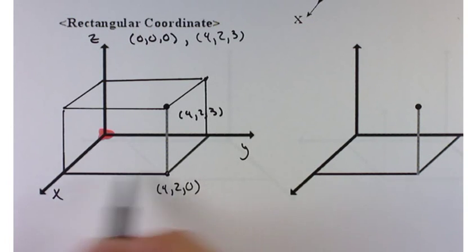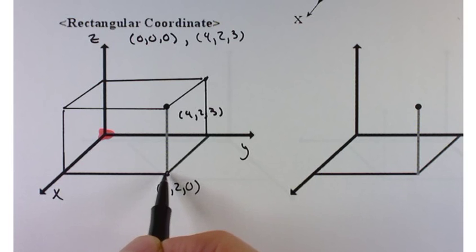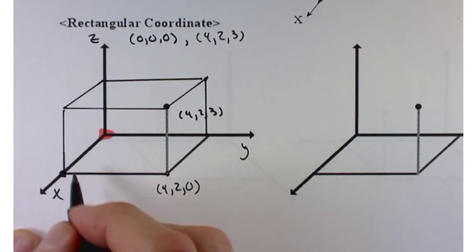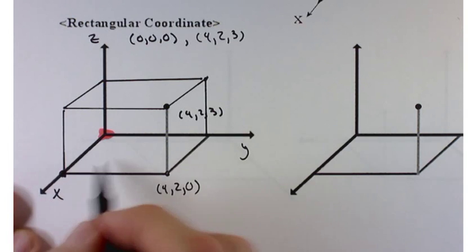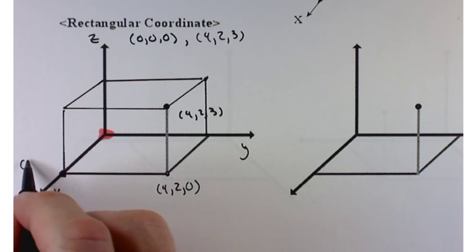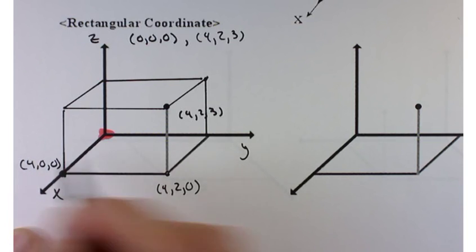Let's move this direction. If I move over to the x-axis from here, now which coordinate am I changing? The y-coordinate. And on the x-axis, what's the value of the y-coordinate? Anyone? 0. So the coordinates here are going to be 4, 0, and 0.